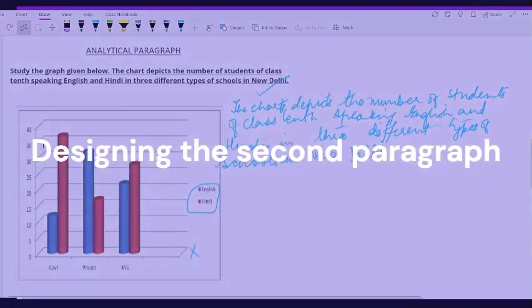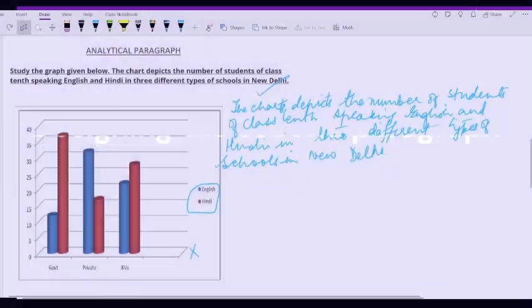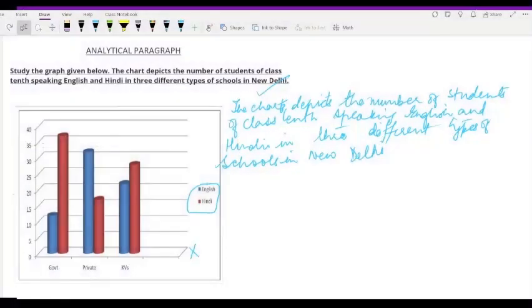Before we start writing the second paragraph, we have to design it. Designing in the sense that what information are we going to mention in the second paragraph. For that we have to establish a relationship for each of the schools which has been given over here.